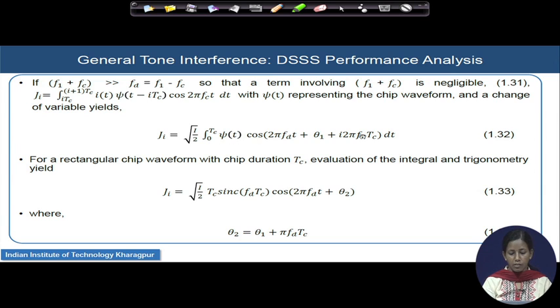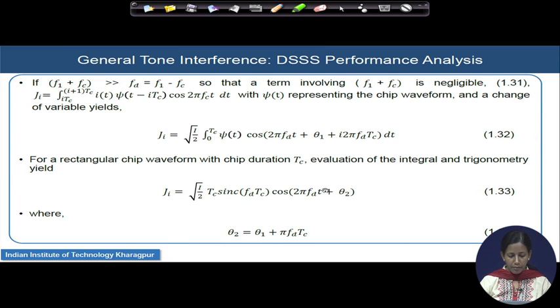If I evaluate this integration and apply some trigonometry, it is further solved to equation 1.33, where there is a sinc function and cos 2 pi fd t plus theta 2, where theta 2 is replaced by theta 1 plus i 2 pi fd into Tc.